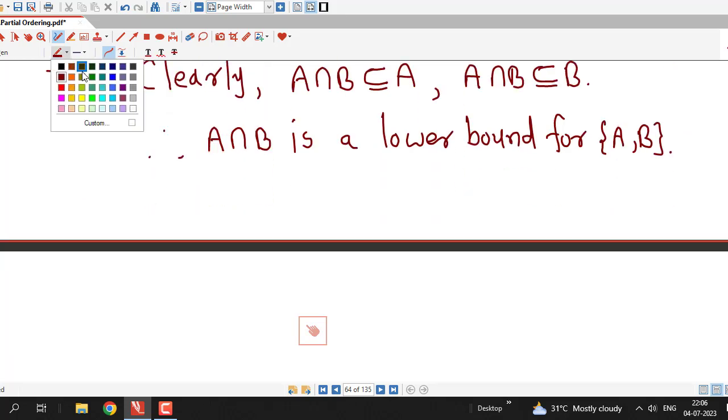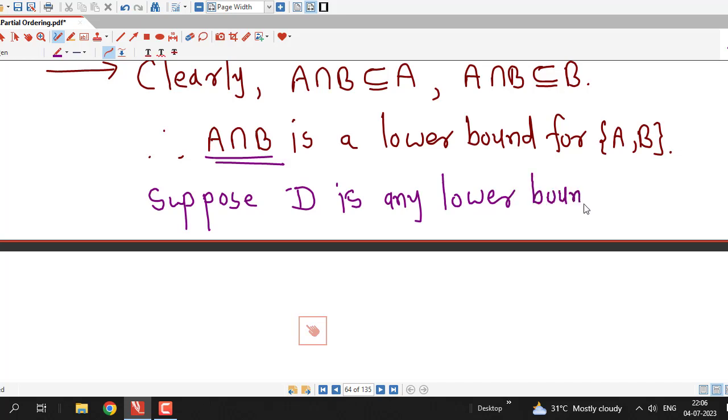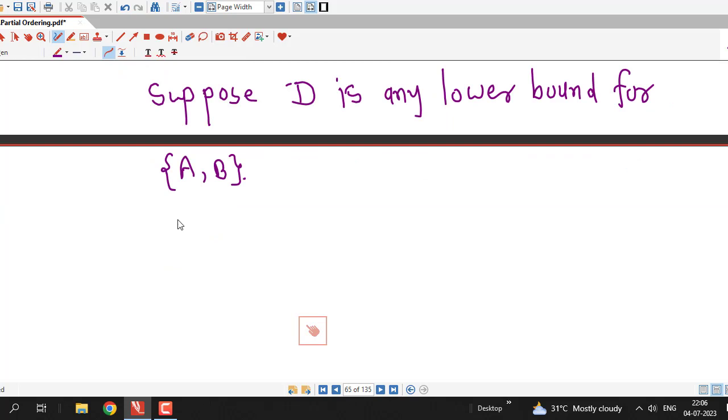Now we want to show that A intersection B is the greatest lower bound. So for that I assume that suppose say D is any other lower bound for this set having two elements A and B. Now if D is lower bound, then D must be related to both the sets.